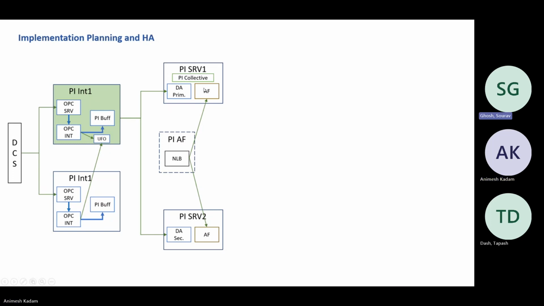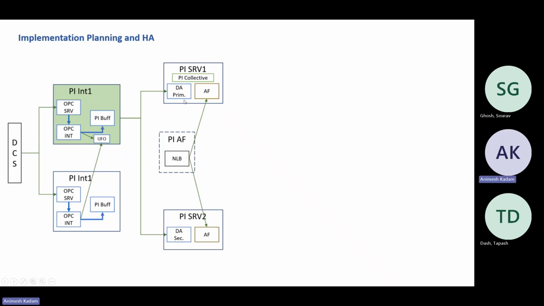What is the role of this? Pi collective manager is again the same type of thing as UFO, but for the Pi server. It is a small component that will reside on the primary server, where you will configure this is the primary server for you and this is the secondary server for you, and all that configuration you will do in the Pi collective manager.